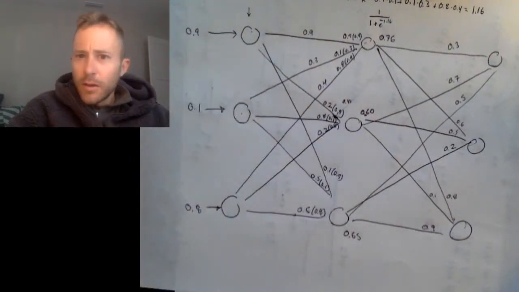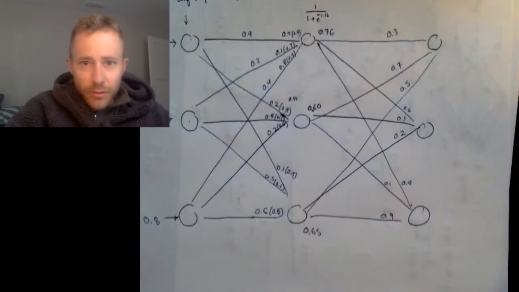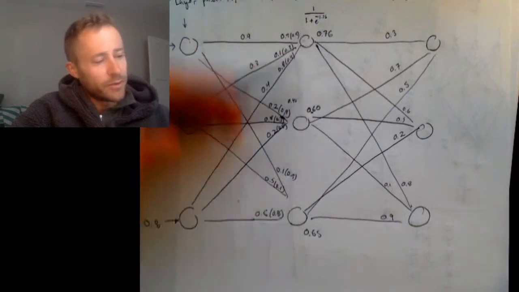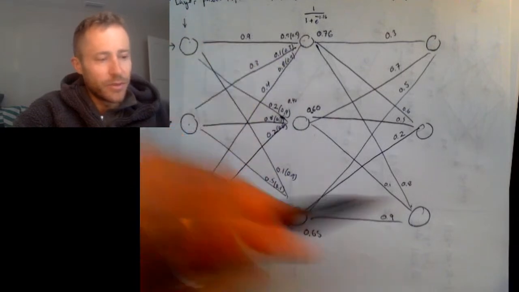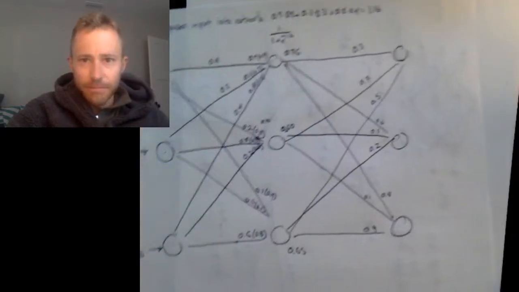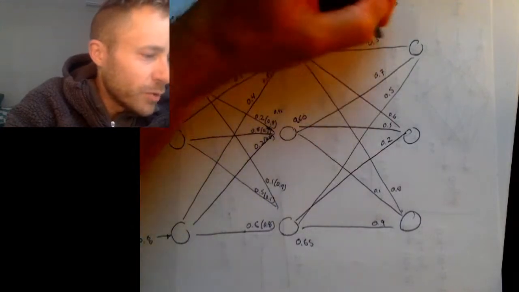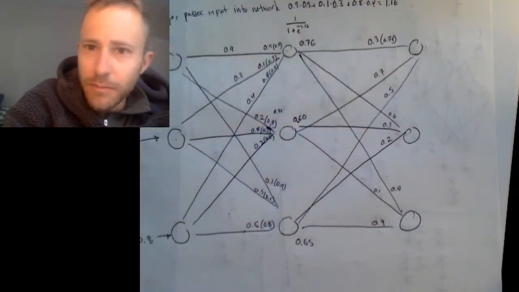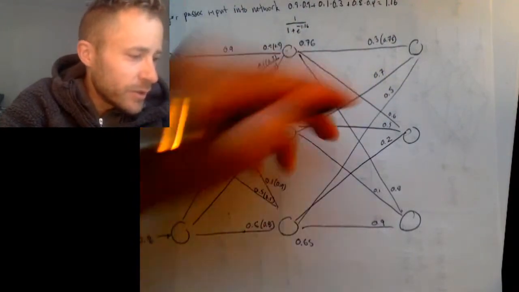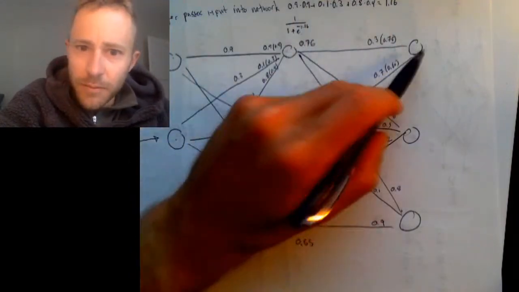Okay, so now we have one more layer to go. The output of this middle layer becomes the input of the last layer. So this 0.76 gets multiplied by 0.3 for that link weight. This 0.60 gets multiplied by 0.7 for that link weight.